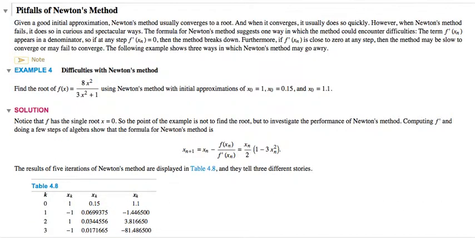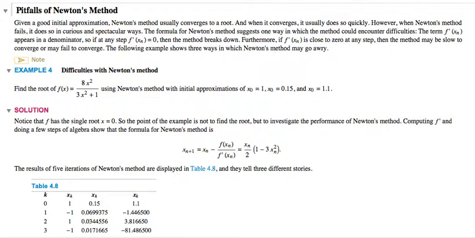The final part of this section covers some of the pitfalls of Newton's method. Typically, if we take a good initial approximation, Newton's method will converge to a root within, like I said, 6 to 7 iterations. But when it doesn't work, it's usually very interesting to watch it not work.